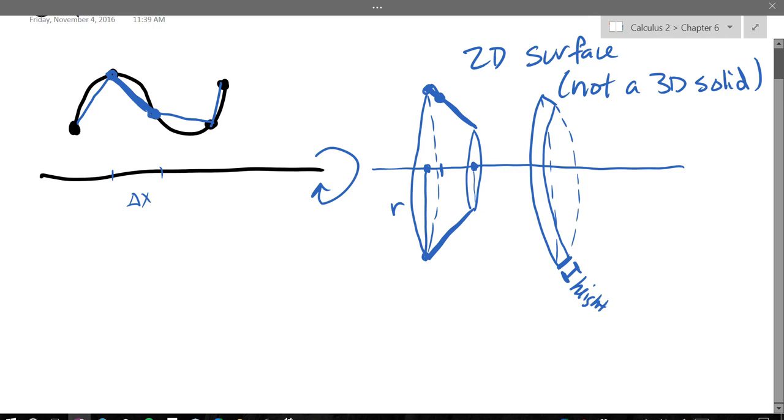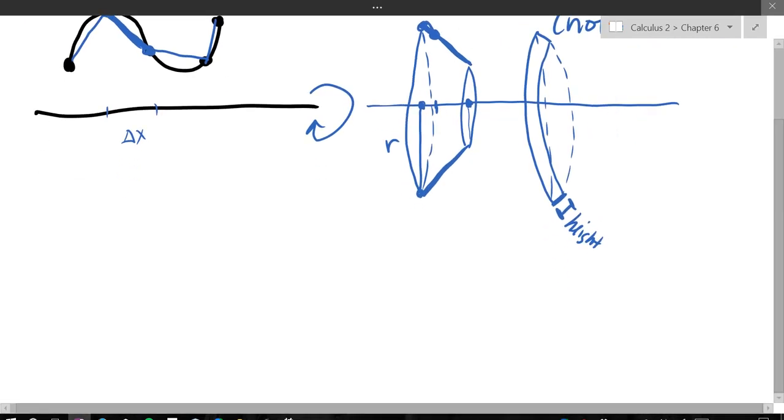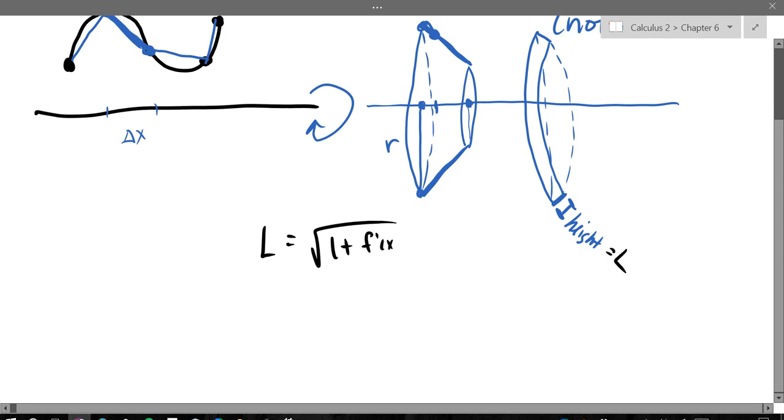So we're kind of stuck picking the height as this diagonal measurement. Good news is that is the length of the kth segment. So we have a nice formula for that height right there. So go back to the original pen and height, I'll call that L. So L is square root 1 plus f prime x squared.